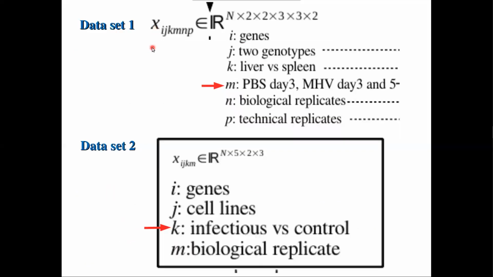Gene expression of these datasets is formatted as a tensor. Since I don't have time to explain what a tensor is, if you are interested in what a tensor is, please refer to my preprints. x_ijkmnp represents the expression of the i-th gene in either of 2 genotypes and either of 2 tissues, and whether it is a control sample or infected mouse.